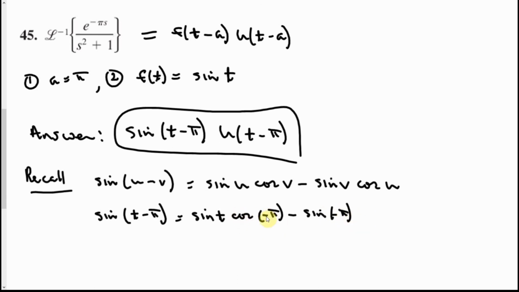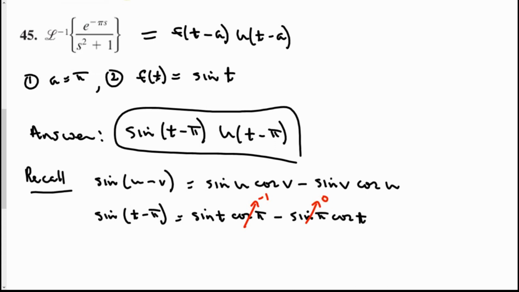Oops, we don't bring the sign over, I'm sorry. The sign is brought over here. So that's how they get it. So cosine of pi is -1, and then sine of pi is 0.